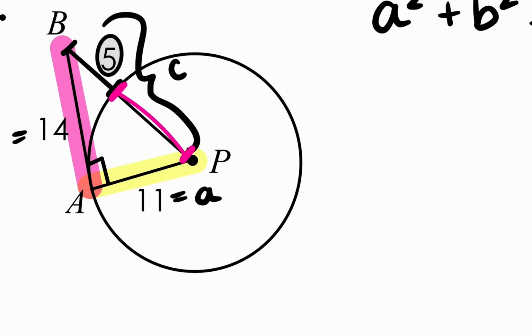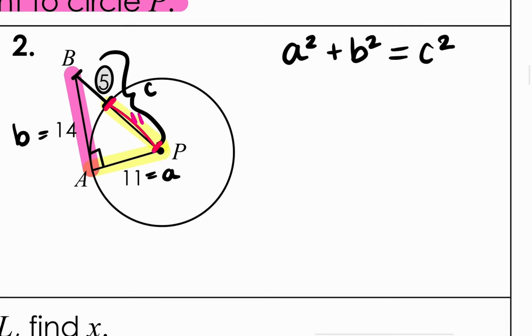That piece represents the radius of the circle, and we're already given that the radius is 11, so this is 11 as well, because all radii in a circle are of the same length, because they're equidistant from the center. So that gives us that C is 16.